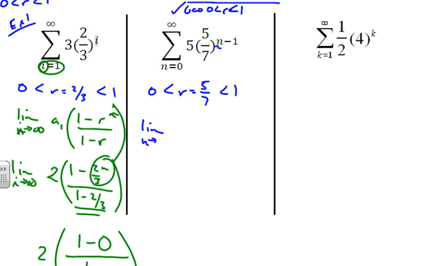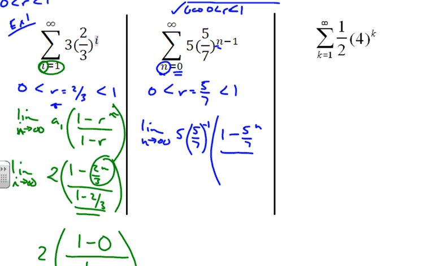I can use n, because my index is n, approaching infinity. I'm going to find my first term using this equation again. For my first term, I plug in 0, so I have 5 times 5/7 to the negative first power. Then we have 1 minus my ratio, 5/7 to the n, over 1 minus 5/7.